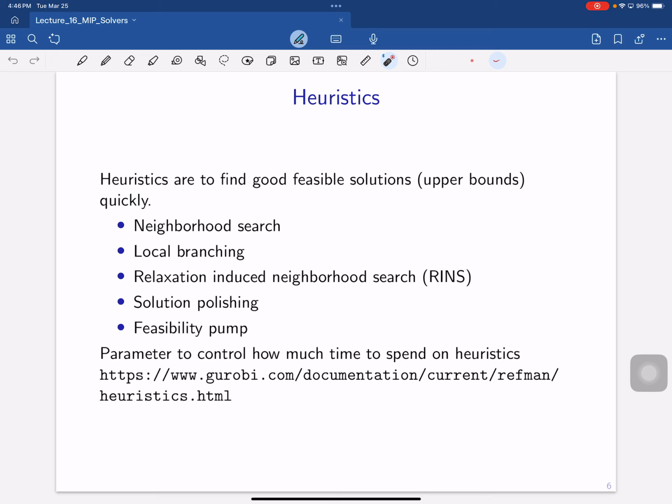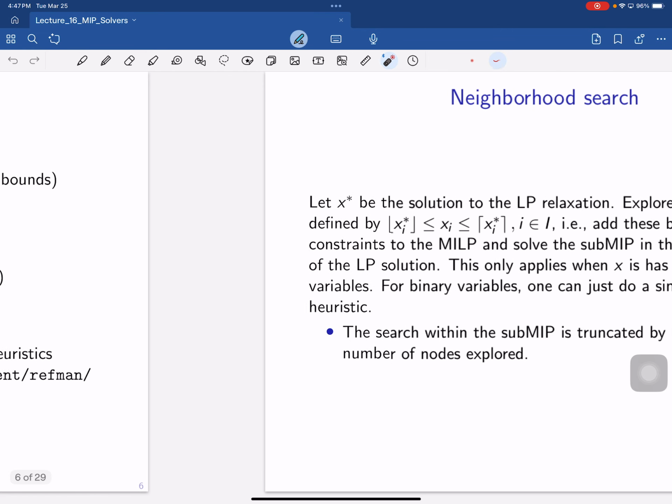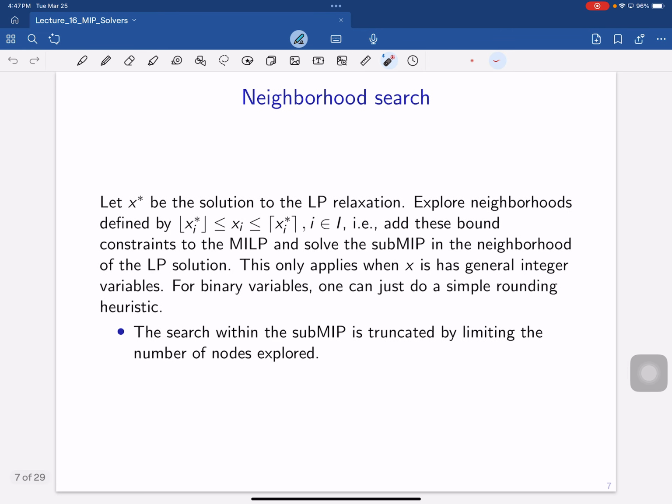I think there could be separate parameters for each type of heuristic the solver uses. But I would like to show you a few examples of heuristics, because since we are talking about solving the problem to global optimality, a lot of time has been spent on getting the right bound rather than getting a good feasible solution. So I will spend a few slides on how to get a good feasible solution.